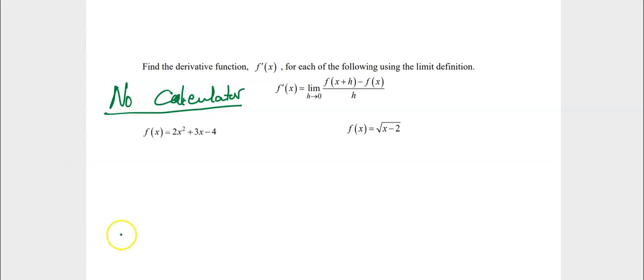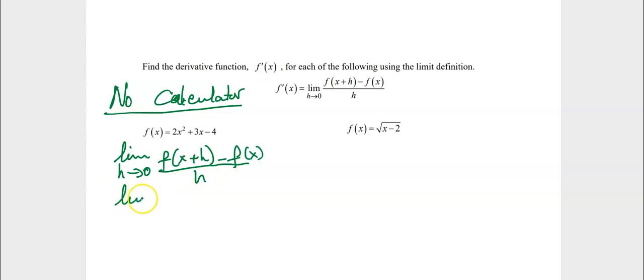To do that, we take the limit as h approaches 0 of f of x plus h minus f of x, divided by h.